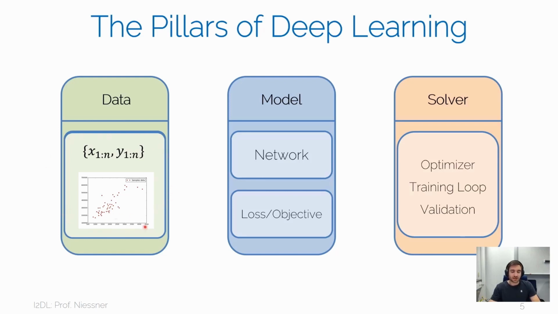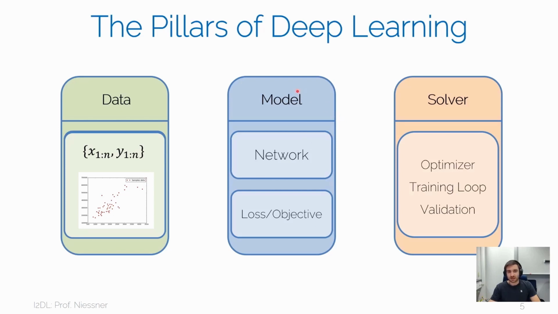Usually, and especially for supervised learning, we have some kind of labeled data set with some data samples and their corresponding labels. These can be anything from images to some data points to language text and so on.